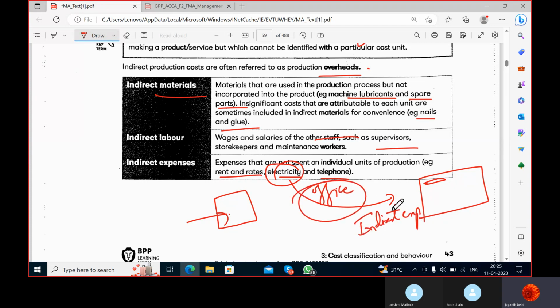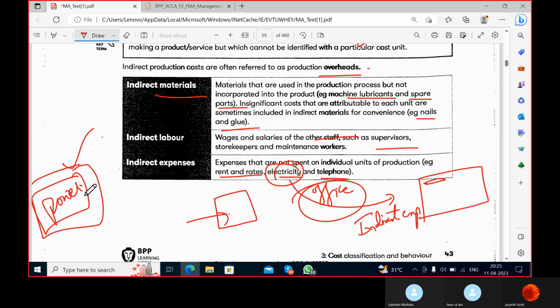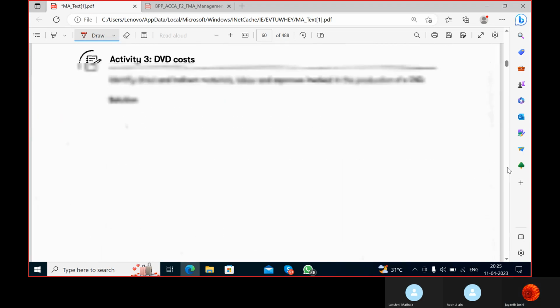So you should not be confused. Power is nothing but excessive usage of electric power. For machinery you pay a lot of money, and for that you erect a power plant in your company. So power is a direct expense, electricity is an indirect expense. Now understood? I'll give you a list altogether, don't worry.